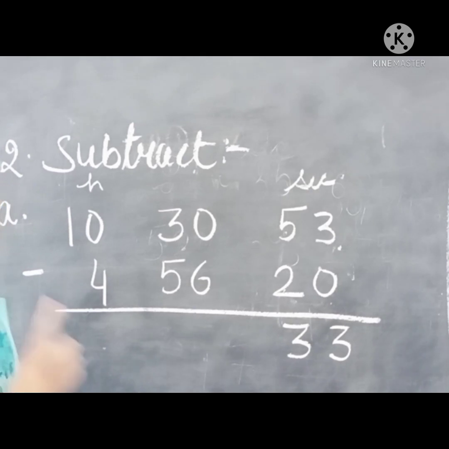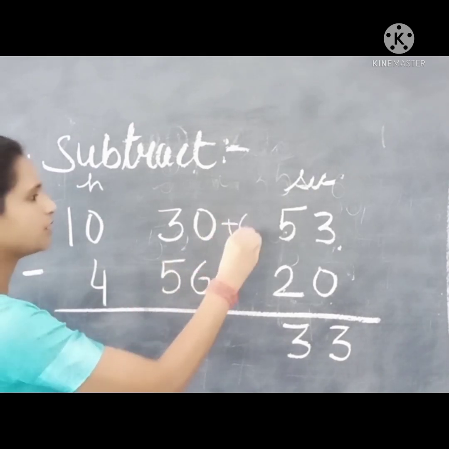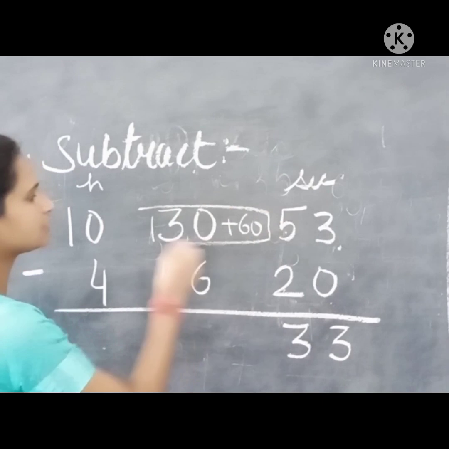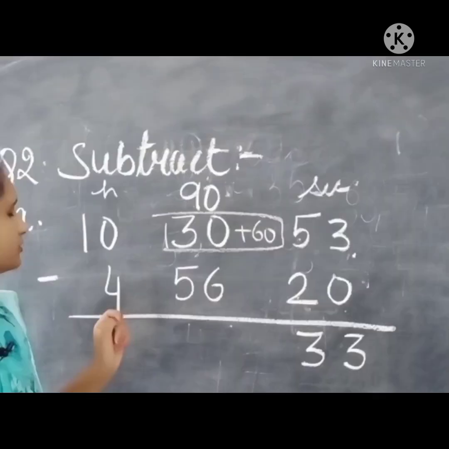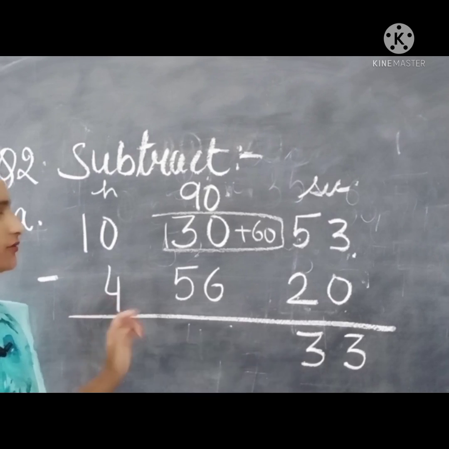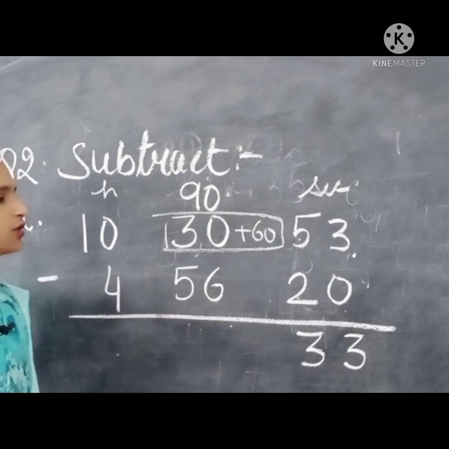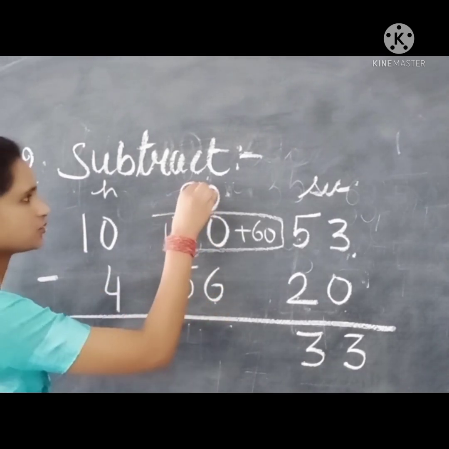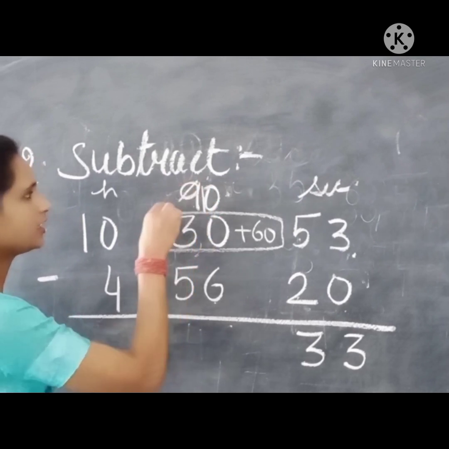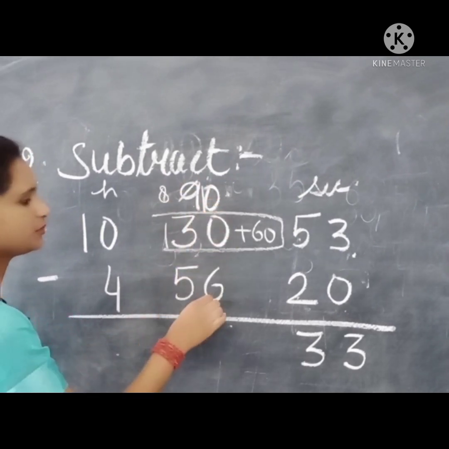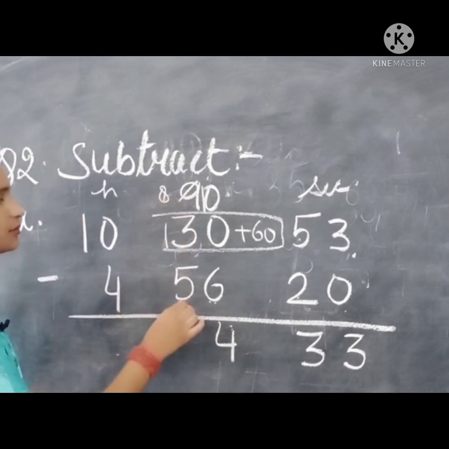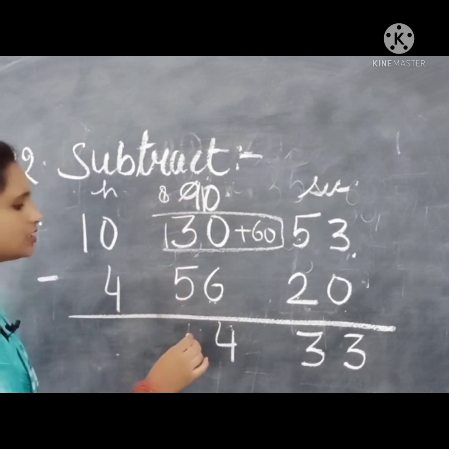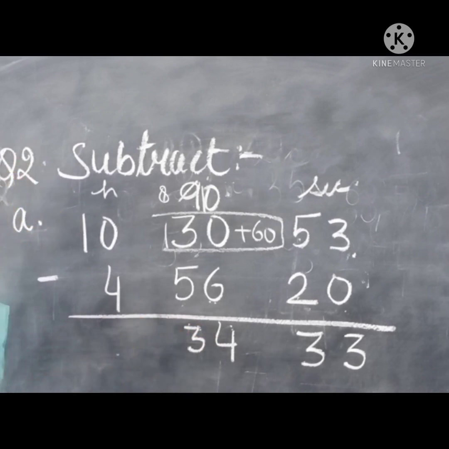You have to add 60 in 30, then it will become 90. Now we have to subtract 56 from 90. We have to make it 10 and it will become 8. 10 minus 6, 4, and 8 minus 5, that is 3, 34.